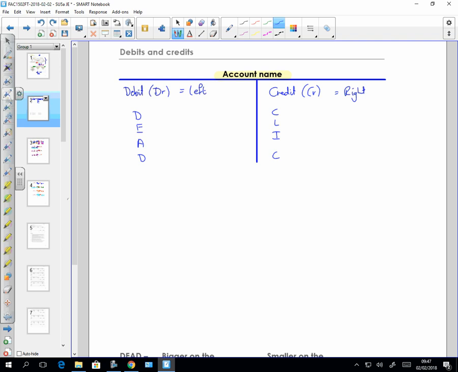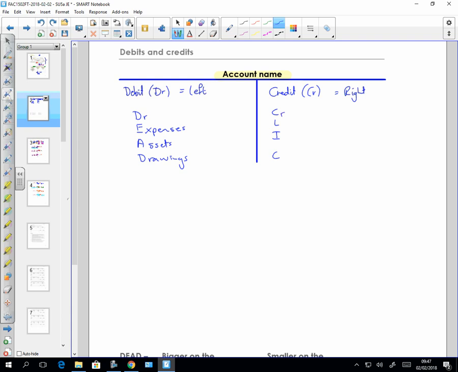Right. So D stands for debit. The accounts that get bigger on the debit are expenses, assets, and drawings. Debit, expenses, assets, and drawings, DEAD. And if the D stood for debit, then the C on the other side will stand for credit.